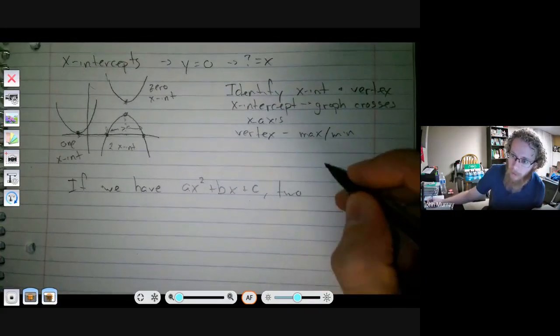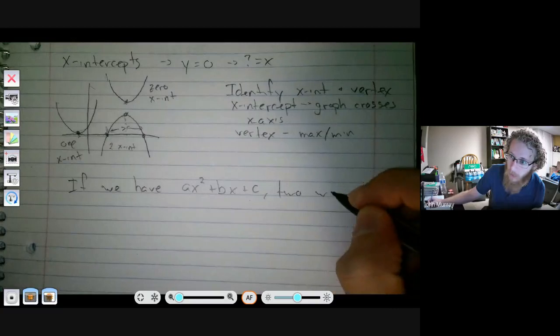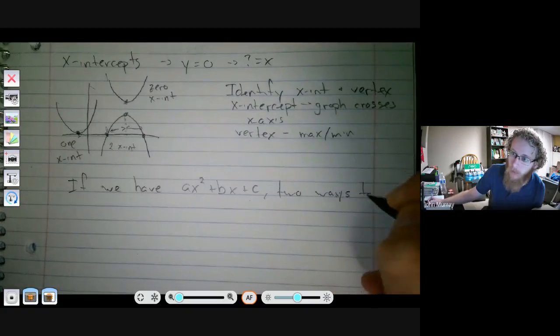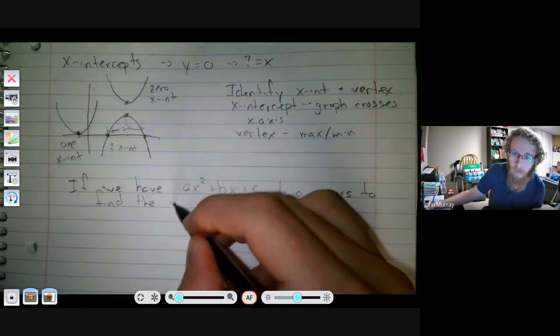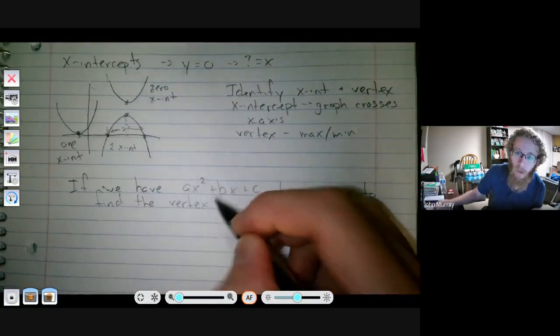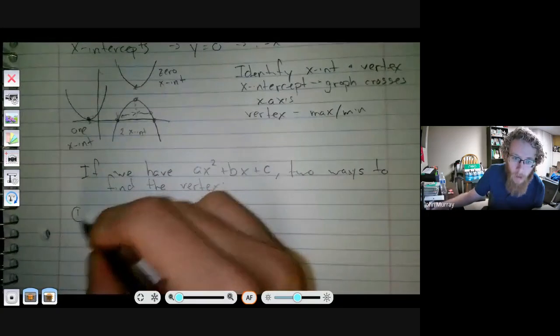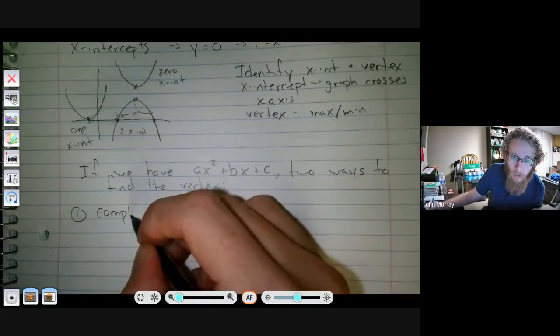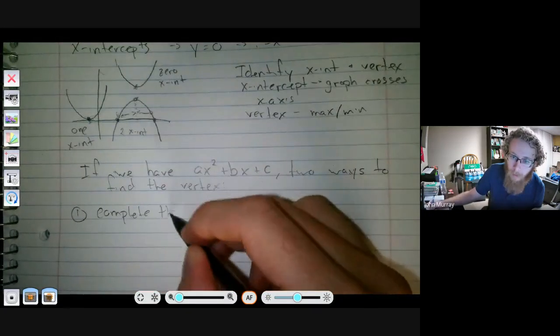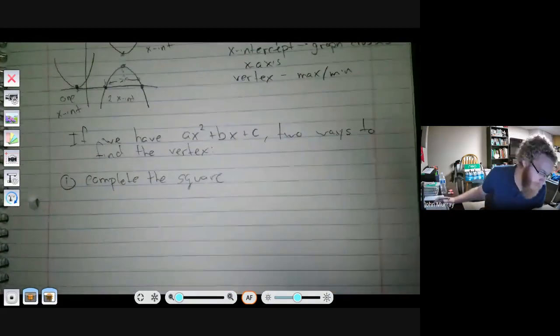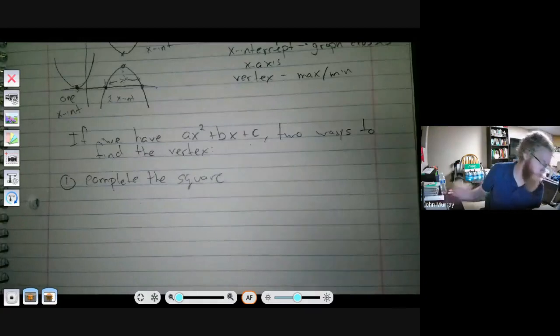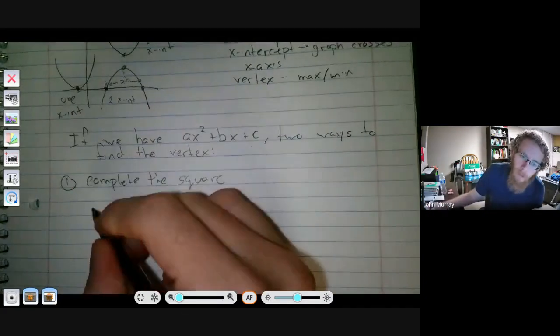But today we're going to find the vertex. The first method, okay, we're going to be using completing the square. All right, so I'll go over an example here.